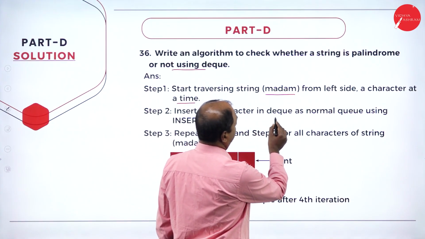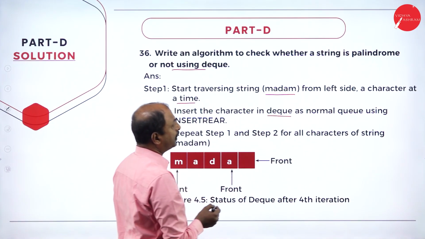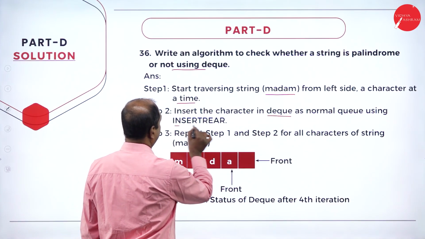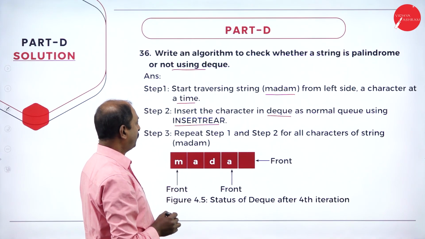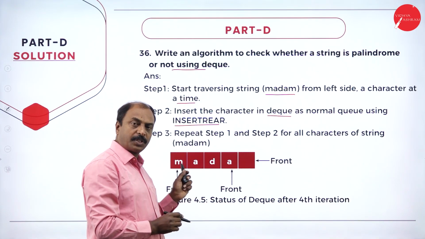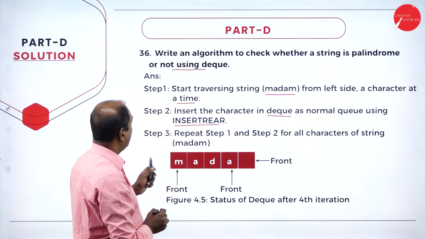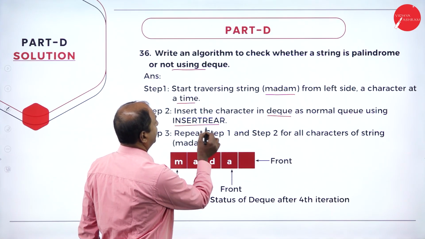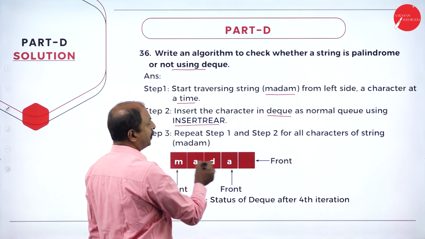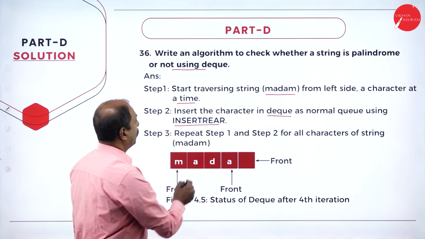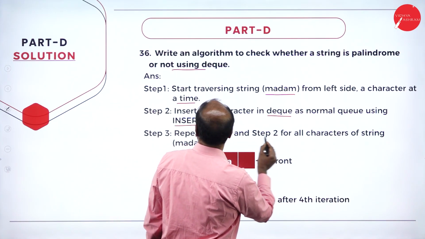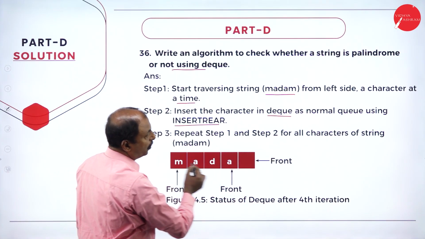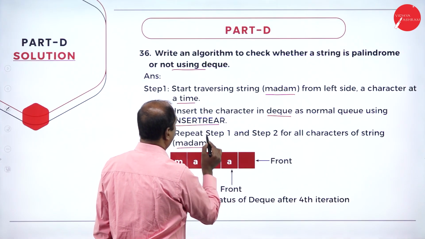Insert the character in the DQ as a normal queue using insert rear. Here you know what the front end and rear end of this queue are. So we have to insert the character M into the DQ. Now repeat steps 1 and 2 for all characters of the string madam.